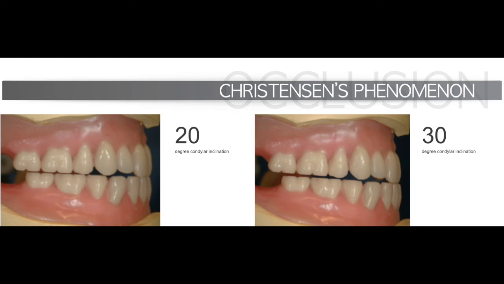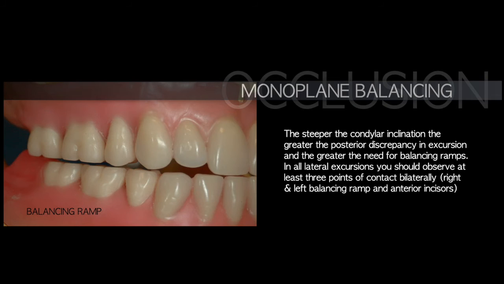Now you may have a question: how do we make a bilateral balancing in monoplane teeth? In monoplane teeth, the steeper the condylar inclination, the greater the posterior discrepancy in excursion, and the greater the need for a balancing ramp.